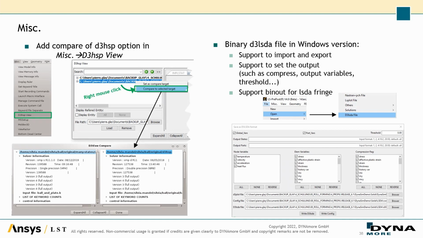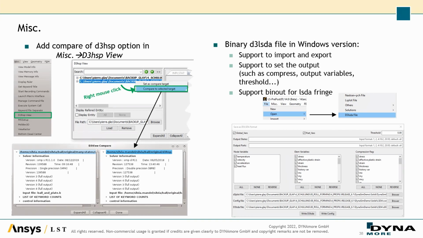You can see the warnings, and you can also activate a display of entities with problems, so you can see their positions in the 3D model. You can see masses and many more. And new is that you can compare two loaded D3HSP files side by side.